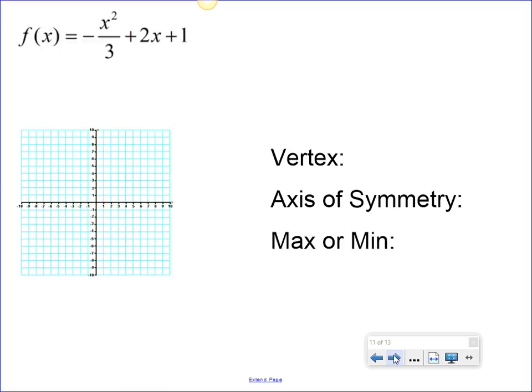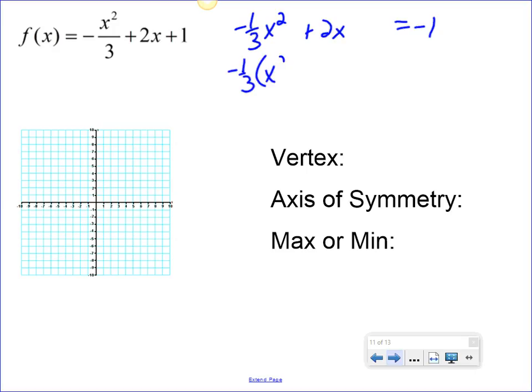Let's look at another one. If I now have a negative 1/3, or a negative x squared divided by 3, which can be rewritten as a negative 1/3 x squared plus 2x. If I move the 1 across, it'd be a negative 1. And again, I'm going to factor out a negative 1/3.